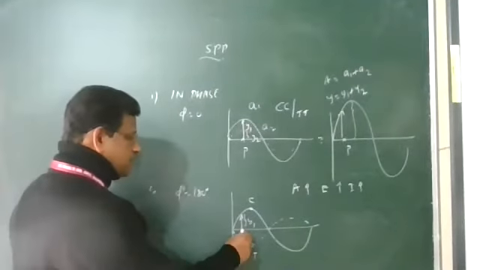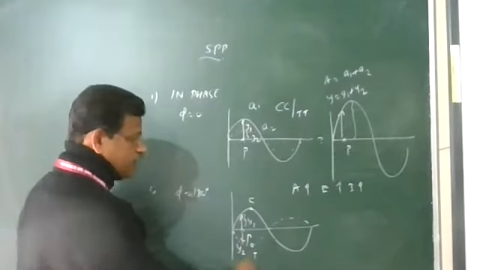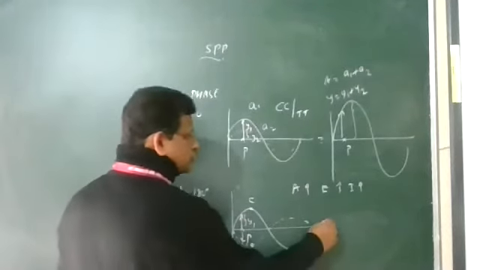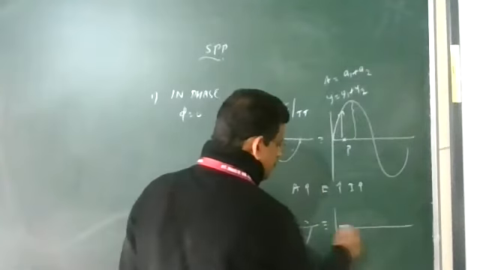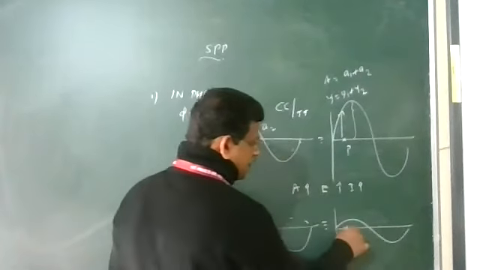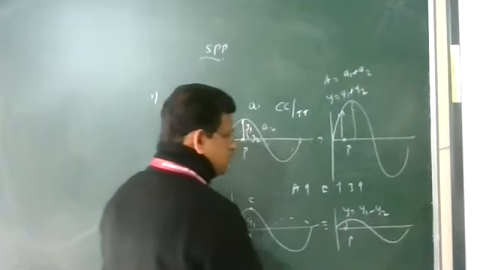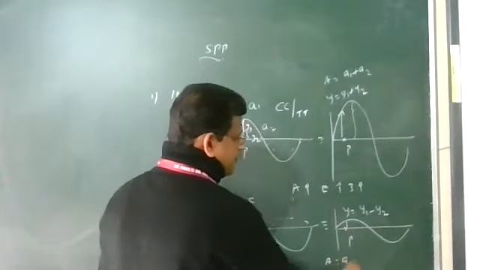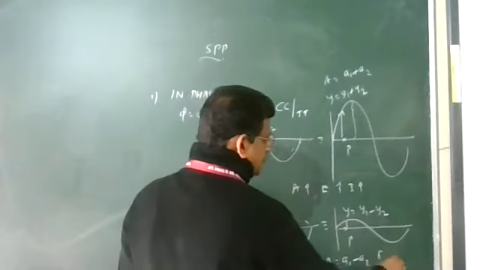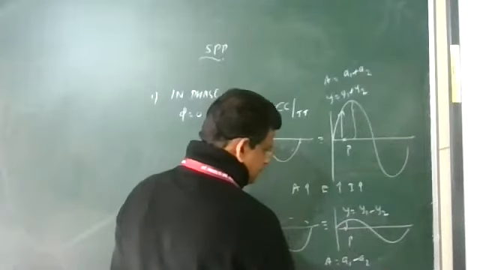At the same point, the displacement due to the second wave is downward y2. So they oppose, and we get a resultant wave of smaller value, and at any point the displacement is y equal to y1 minus y2. So the amplitude will be equal to A1 minus A2, and the amplitude is decreasing here.